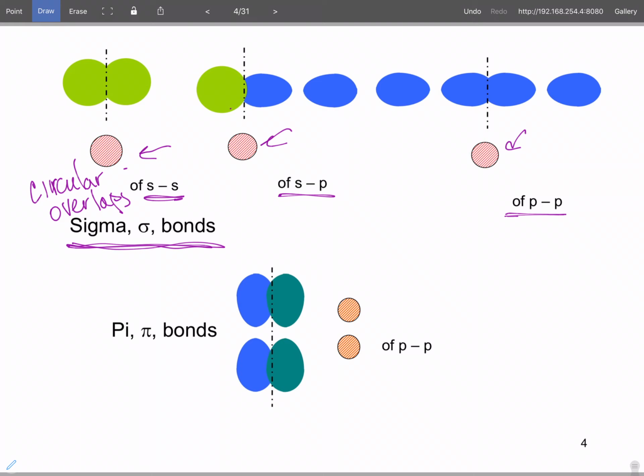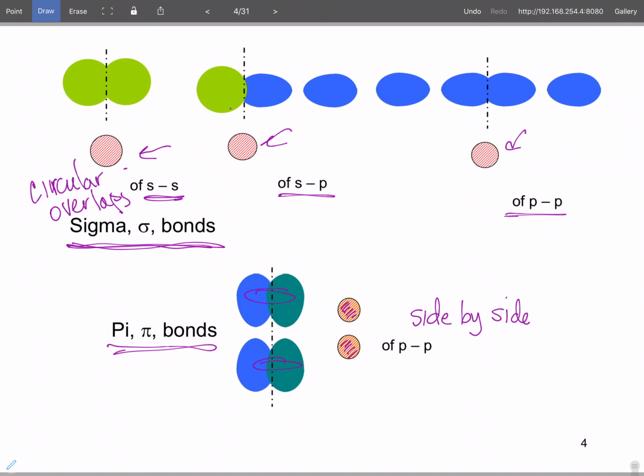Now, the second bond that forms is a pi bond. We'll get to that again in a minute. But what it is is a sideways overlap. So if you take a dashed line and run it through the overlap, what you get here is the side-by-side overlap. The way I describe this in lecture, when you can see it, is if you put your hands together next to each other, you can rotate it without taking your hands apart.